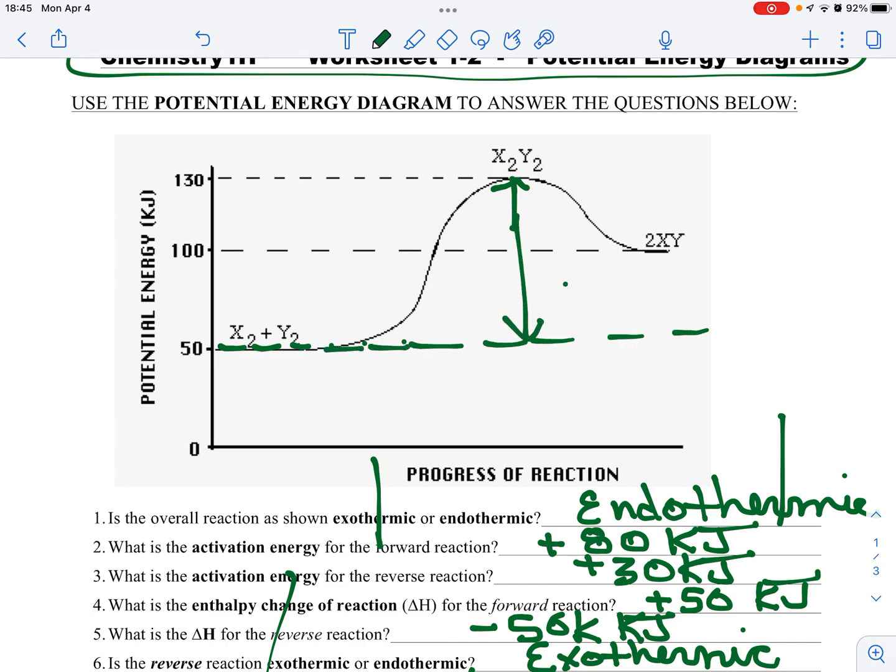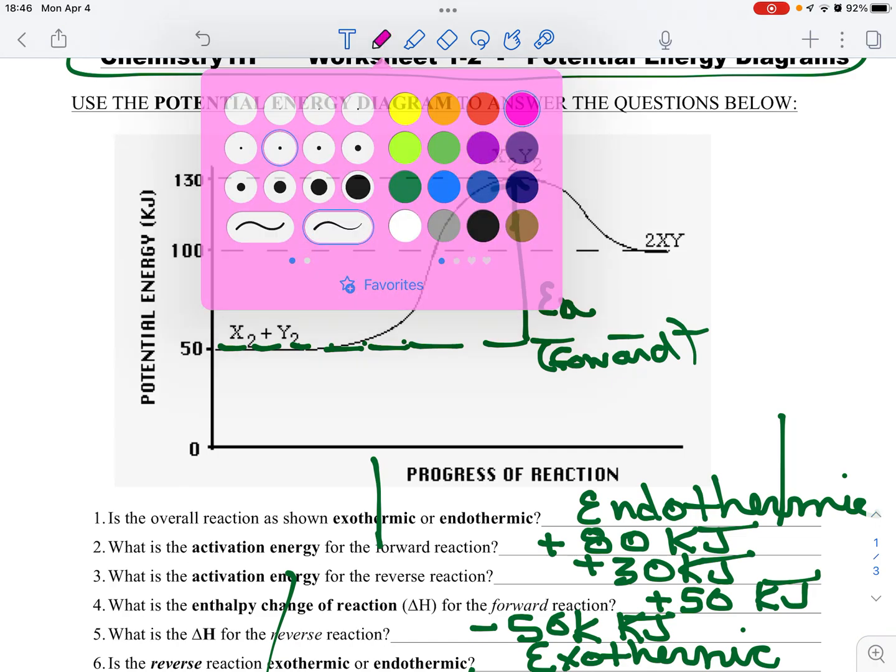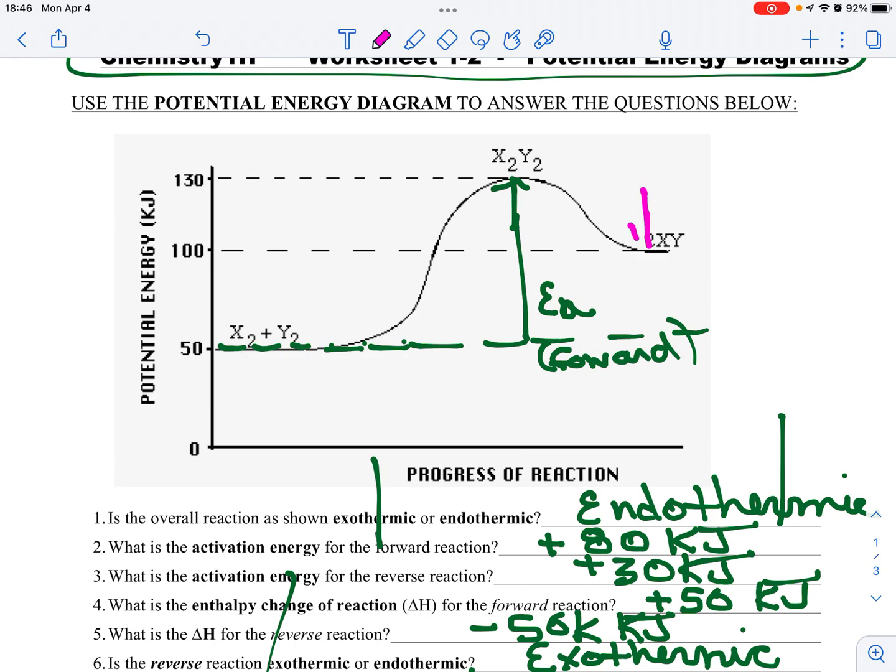There's my activation energy, the activation energy of my forward reaction. Then I wanted my activation energy of my reverse reaction. I don't know if I can change colors. Yes, I can. So here is my activation energy of my reverse reaction.